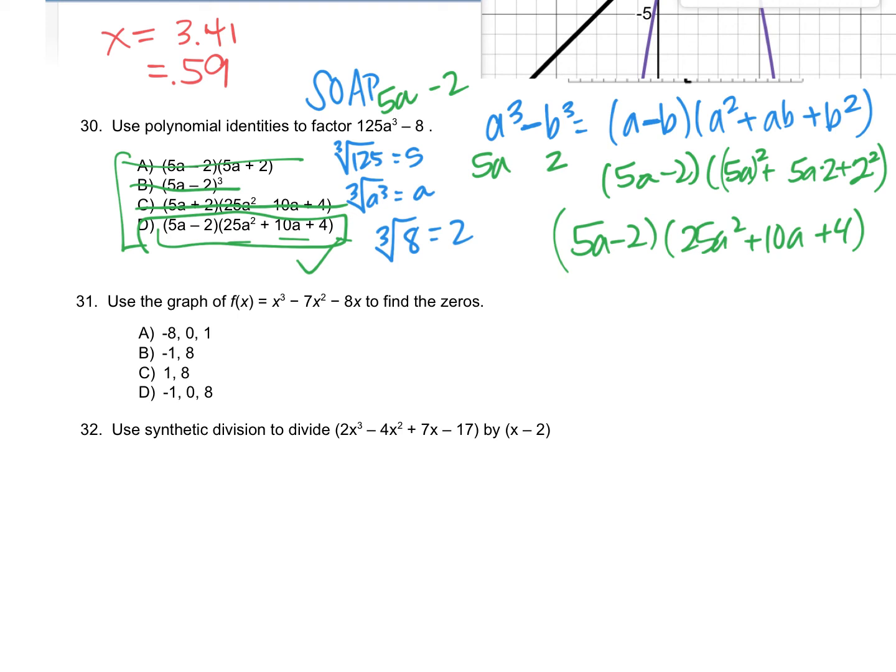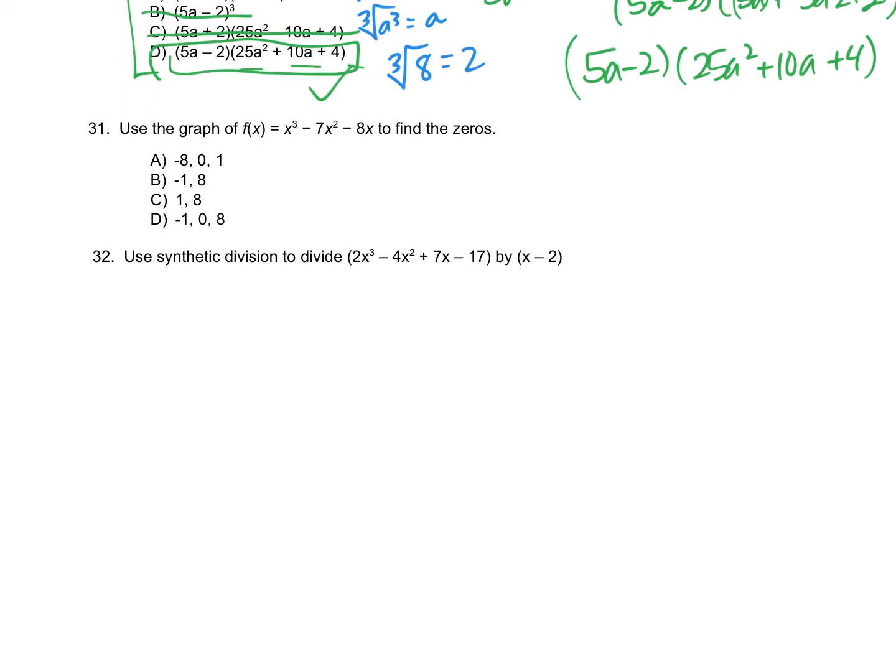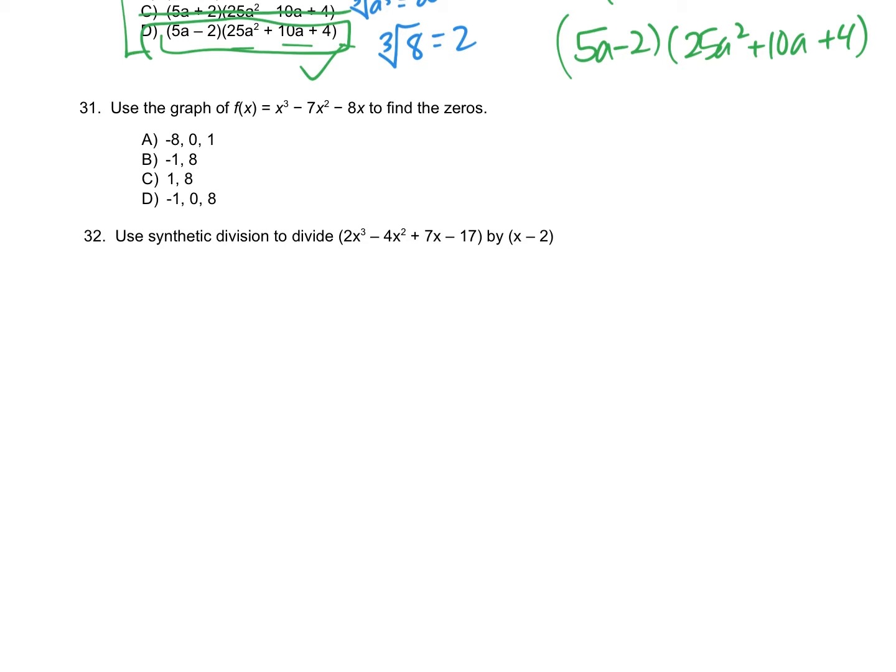On number 31, it's asking me to use the graph to find the zeros. So again, we're going to graph that on Desmos and see where it crosses the x-axis. It should be crossing the x-axis 3 times because it is a cubic function. So this little 3 tells me that I should look for 3 answers. So I can probably eliminate these, although it might have a double root. So let's look at the graph of this guy.